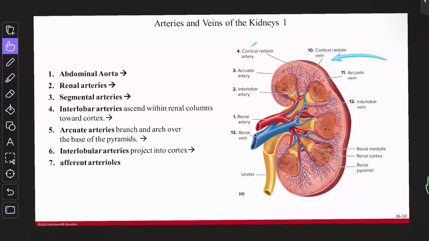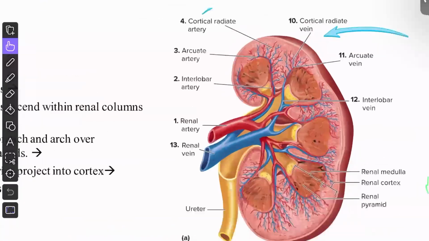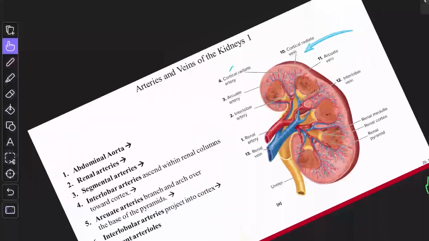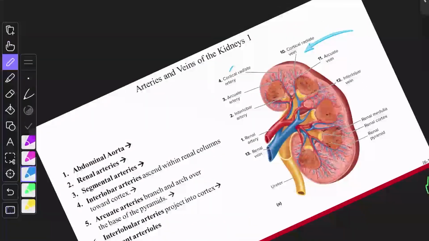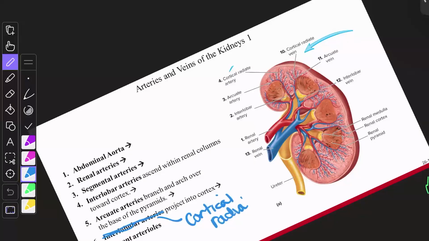Okay, so we start with the abdominal aorta. Oh, and I'm going to point something out here. I'm going to go ahead and change it now. We're going to call the interlobular arteries, we're going to actually call the cortical radiate arteries.